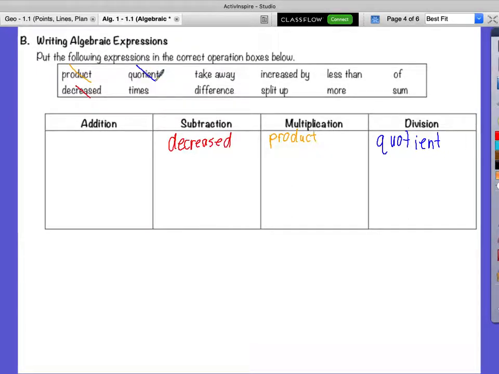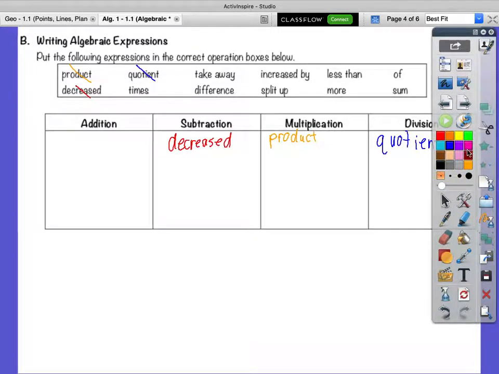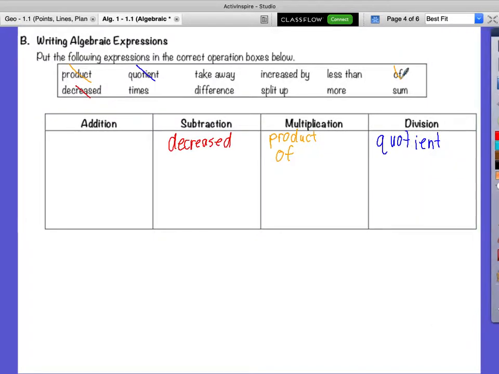Okay, Matthew? Well, for which one? Oh, of, sorry. My bad. Of would end up being multiplication, like 3 groups of 4. Maybe 3 times 4. Cheyenne? Yep, some would be for addition.